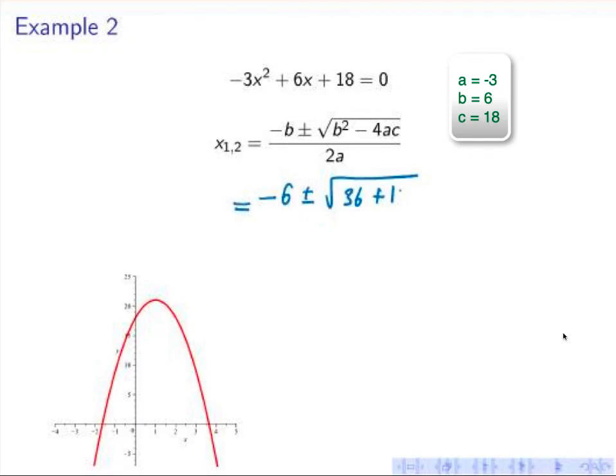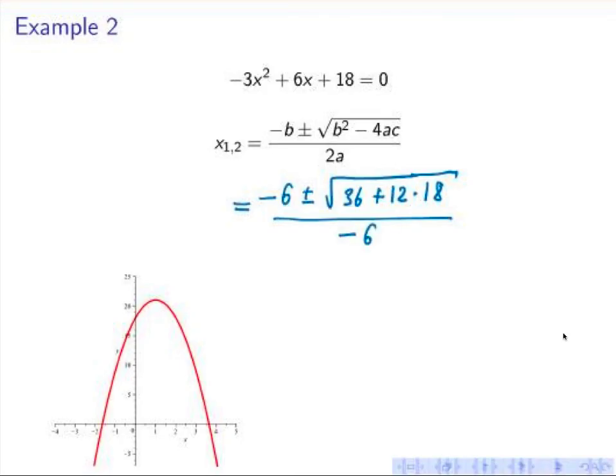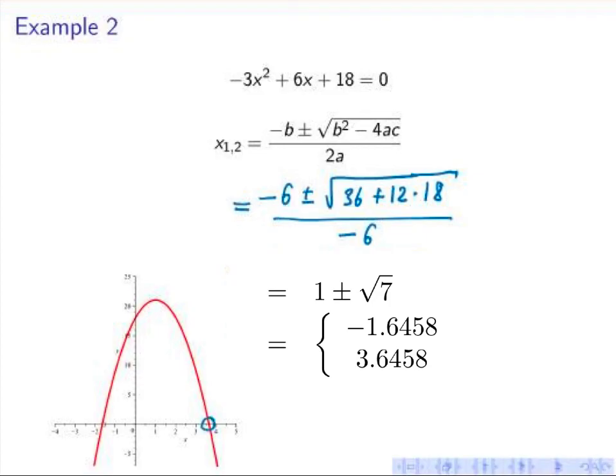Times 4 is 12, and then the c is 18, so I write this maybe as 12 times 18 to just show the terms. Divided by 2a, a is −3, so it's divided by −6. And now again, it is just a matter of simplifying this expression, which I shortcut. And then again, you can find these values exactly here in the graph, as described before.